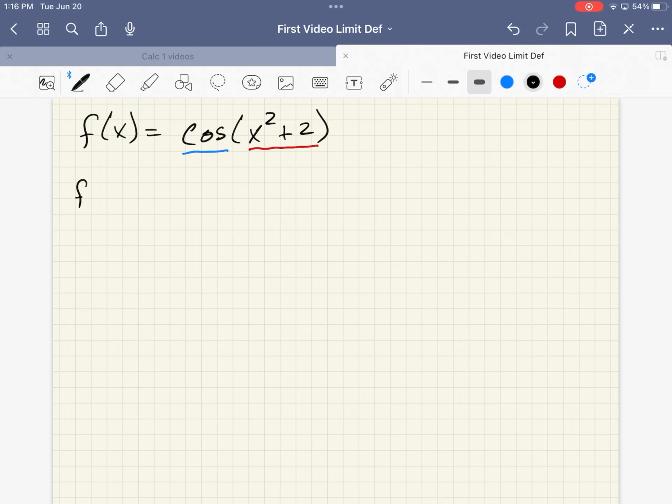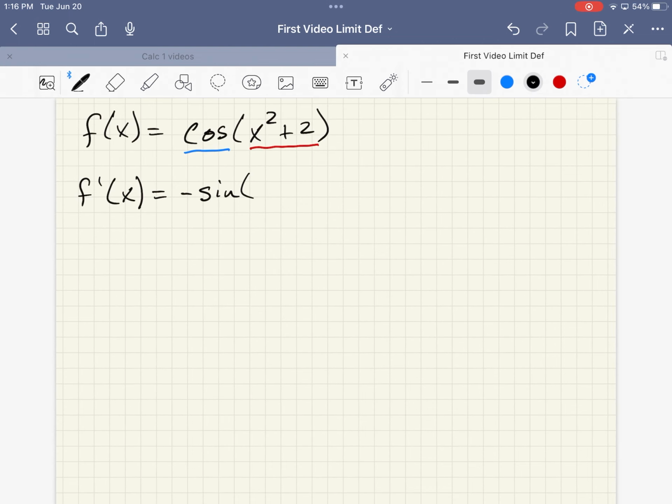So when we go to do the derivative, we're going to have the derivative of the outside, which is negative sine. And this is where, again, a lot of times it's easy to make a mistake. We leave this alone. This is evaluated at x squared plus 2. Then we multiply by, and note that I'm going to put this in parentheses, 2x.